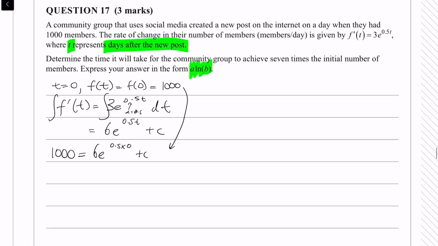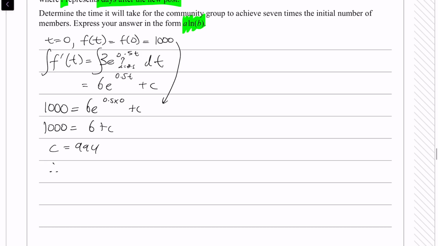So 1,000 equals 6e to the power of 0 will just be 1, so just 6 on its own, plus c. So c is equal to 994. So therefore f of t, my general function there, is that there. Okay.